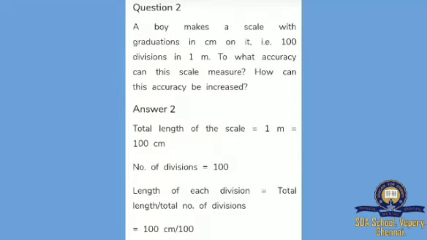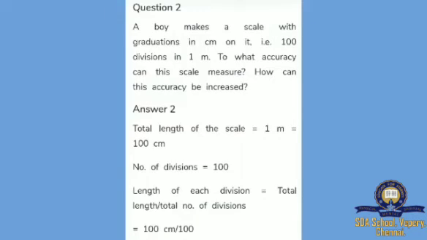The second question: a boy makes a scale with a graduation in centimeter on it, that is 100 divisions in 1 meter. To what accuracy can this scale measure? How can this accuracy be increased? Total length of the scale is equal to 1 meter, and that boy makes a scale with graduation in centimeter on it, that is like 100 divisions.